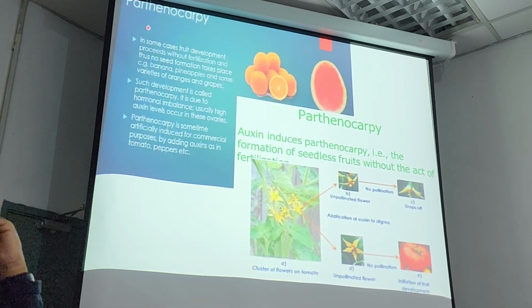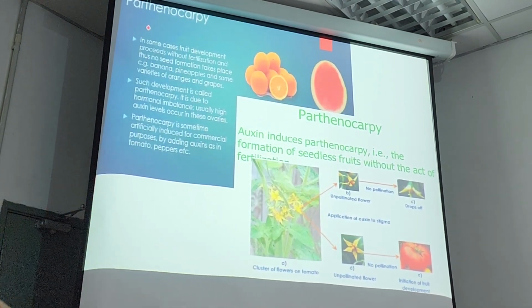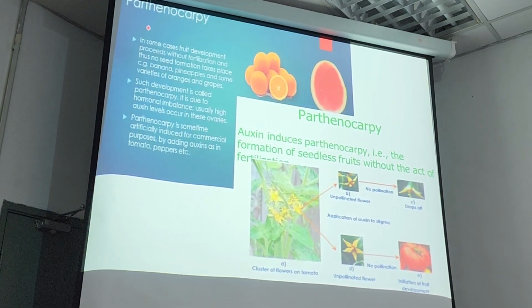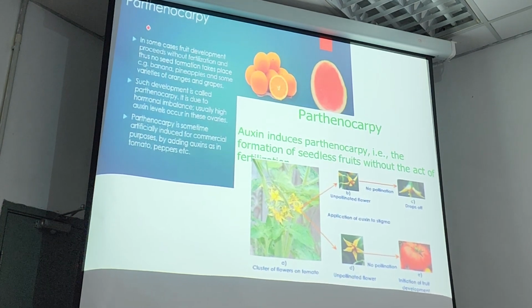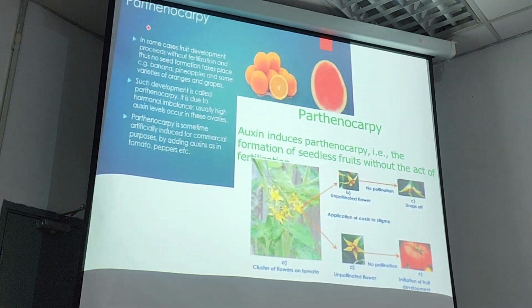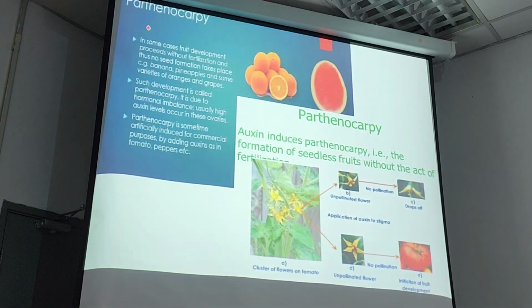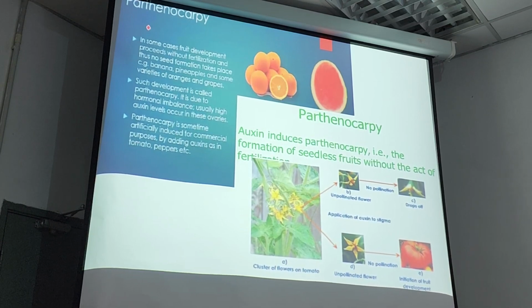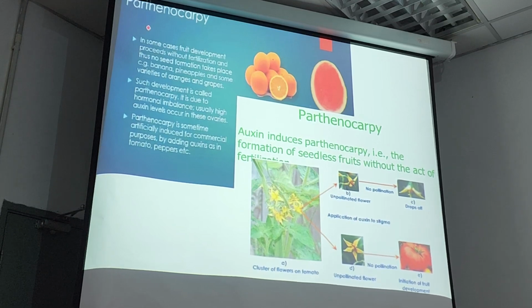Increase the number of cells and enlarge the cells. Okay. Why is this possible? Because the ovary has all the information that it needs to become the fruit, except seeds. For seeds, you need the switch from the daddy. So it's not possible to produce the seeds. Okay, which is good. This is why you get your seedless fruit.